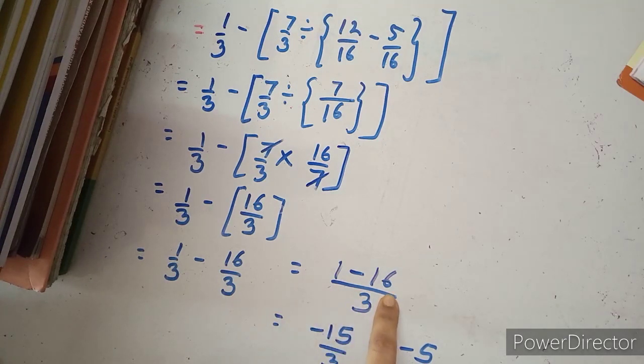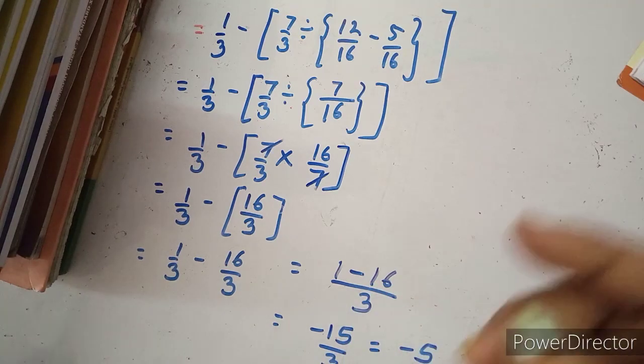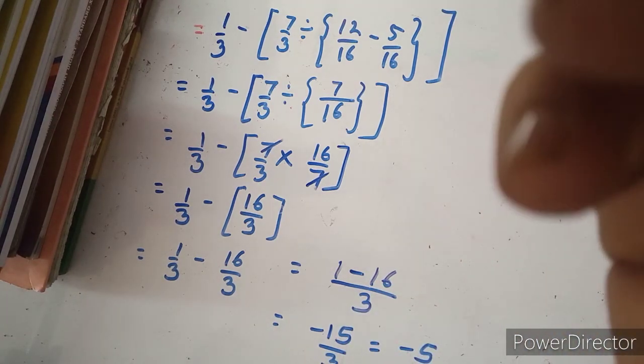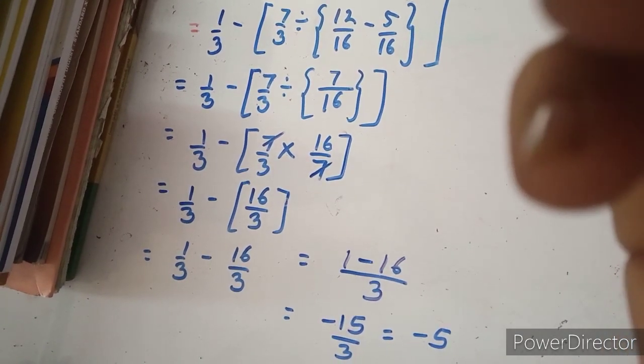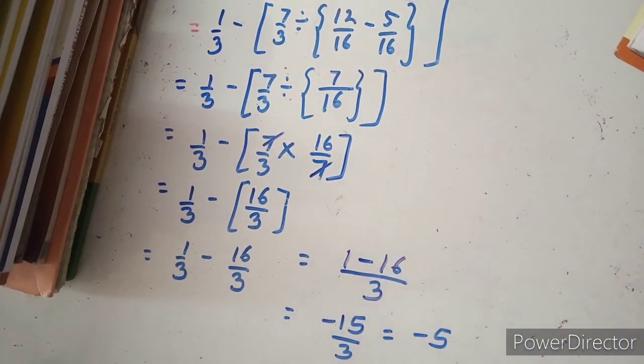So 3 can be taken as a common denominator and 1 minus 16, and here you have minus 15 by 3, and this will give you the answer as minus 5, because 3 1s are 3, 3 5s are 15, so you have minus 5 as your answer.